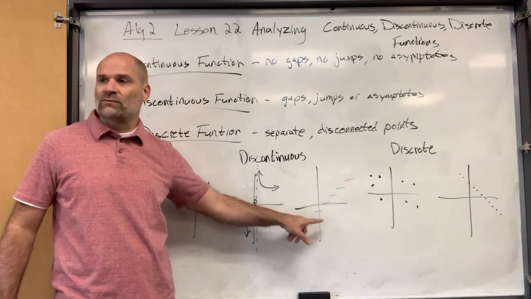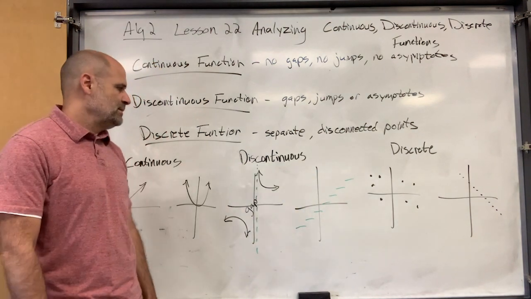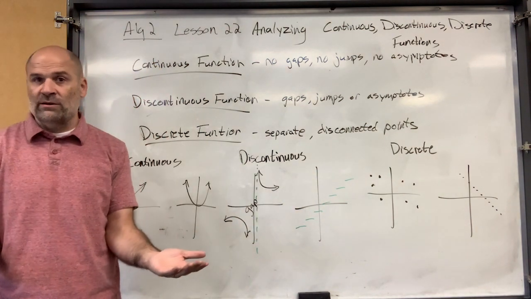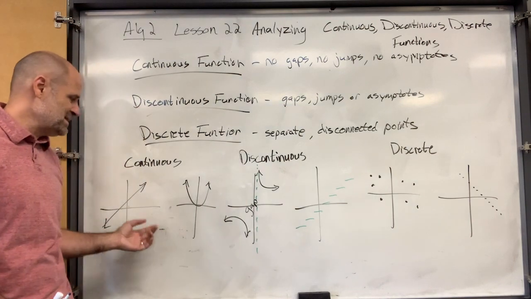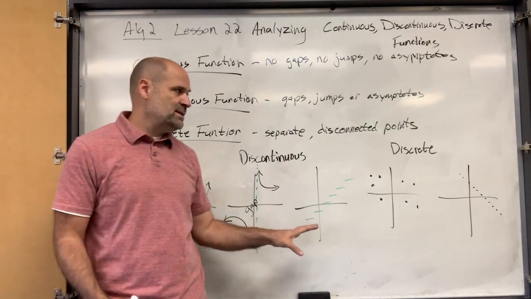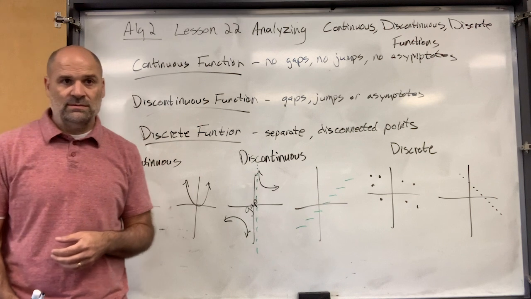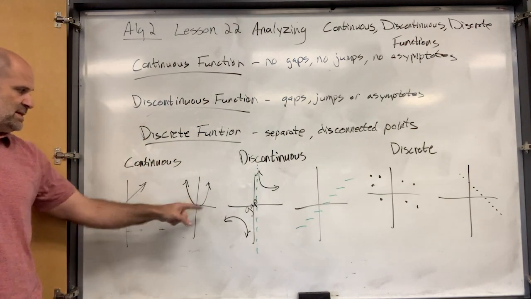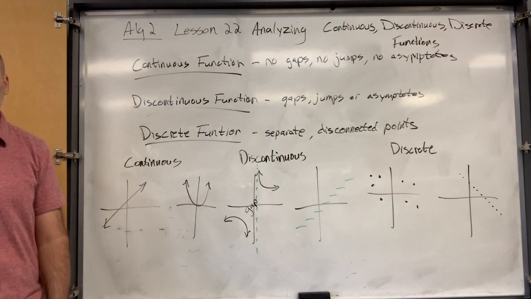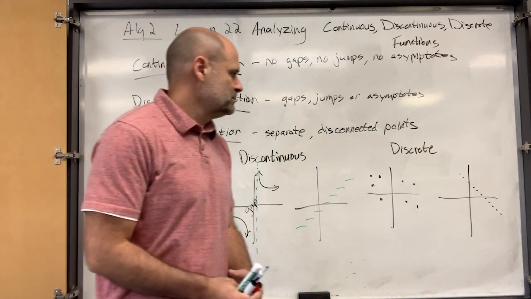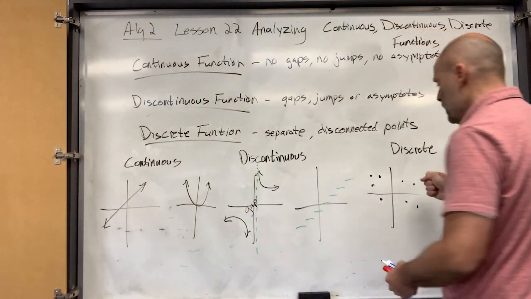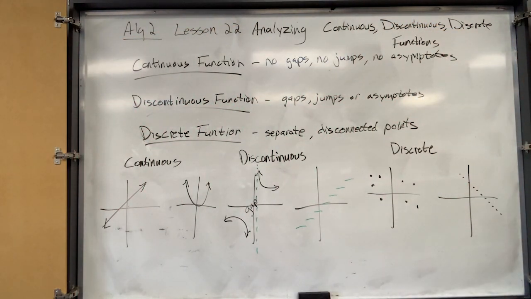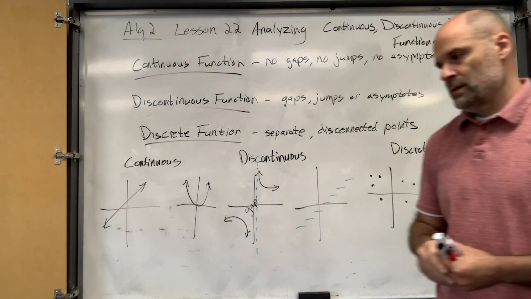There's a jump there from each line. There's multiple things on the graph. When there's multiple things on the graph, then it's either discrete or discontinuous. If there's only one thing that's connected, that's continuous. Okay? And if it's discrete, it's just points. It's not lines, it's just points. All right.